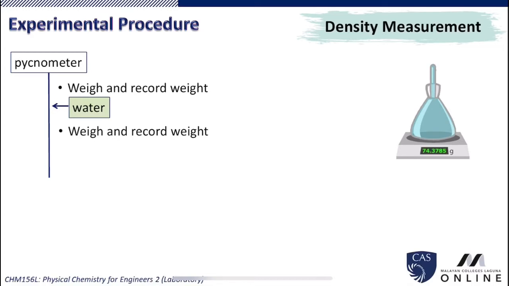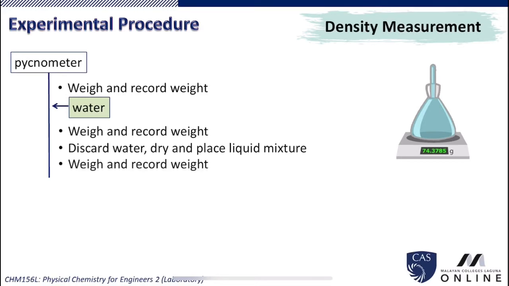And then I place there the solutions that I'm going to measure the density of, the upper layer and then the lower layer. So again, discard the water, dry, and place the liquid mixture you're going to measure. Then I weigh and record the weight.